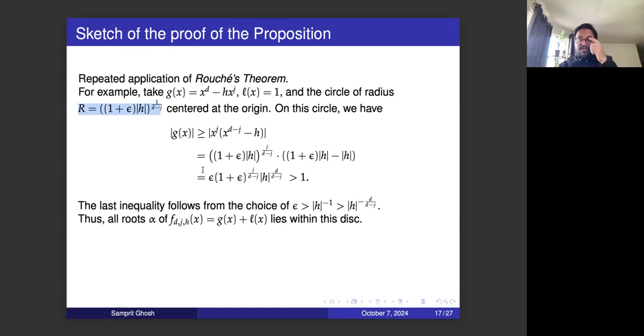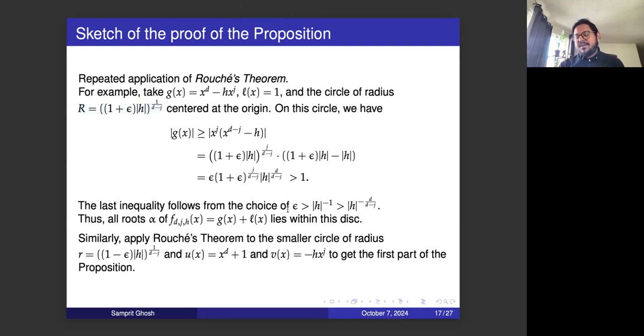That's what Rouché's theorem tells us, that if f(x) dominates g(x), then inside the region, f(x) and f(x) plus g(x) have the same number of roots. So here, as we can see, g(x) has d minus j roots, if you take out x to the j, so it has those roots.